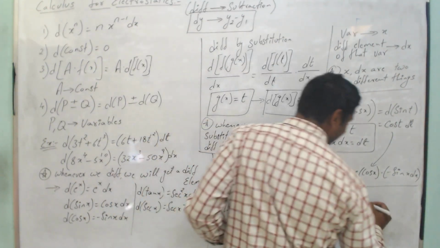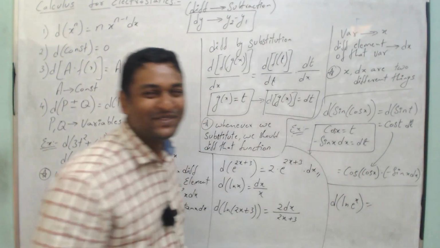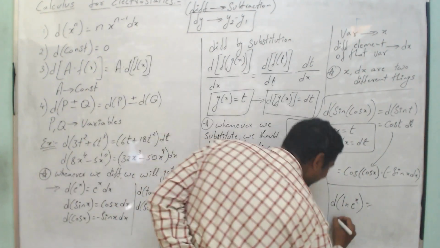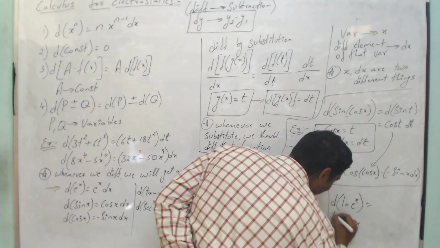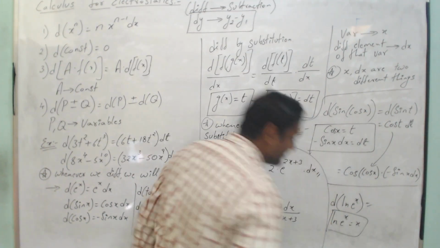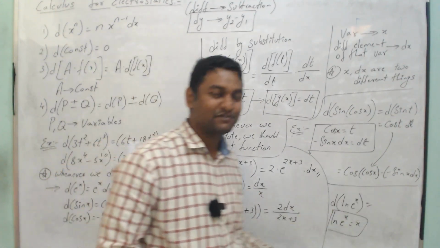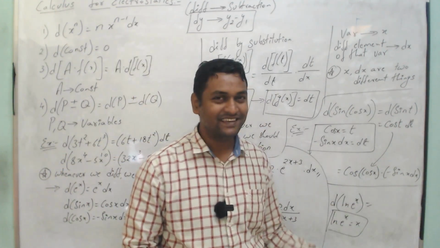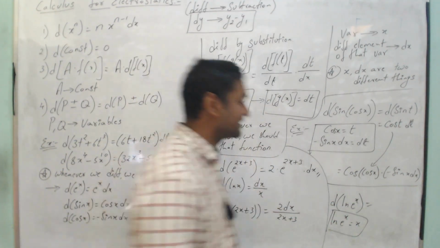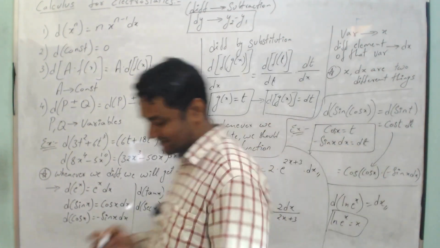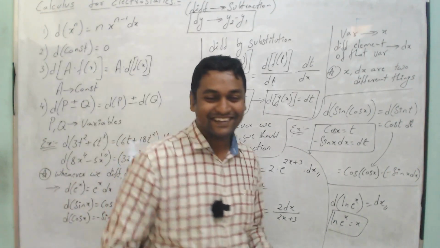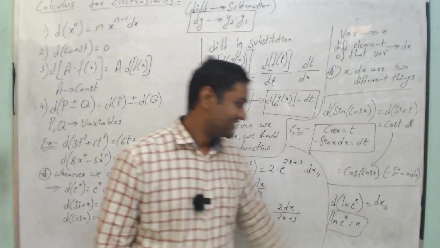Correct answer, but what I am saying is, if you have ln e power x, this itself is x, right? Ln e base e is 1, so this itself is x. So basically this is dx only. I was just having fun. Is it clear?